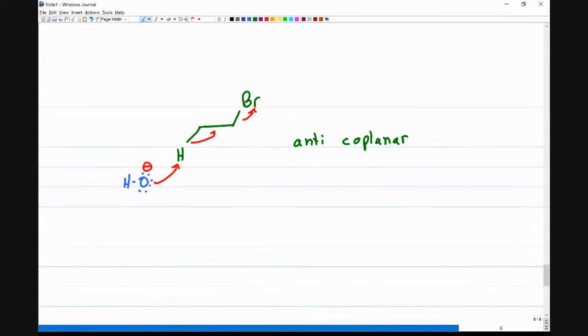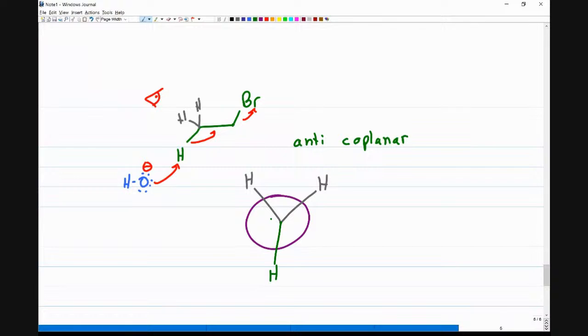If I draw this in a Newman projection, it'll look something like this. I'll just put the other hydrogens in gray so that the Newman projection will make sense. We have in the front, we're looking at it from over here, so that's the eyeball. You have the two hydrogens that are gray going up, the green hydrogen going down. Then this carbon is sitting right there behind it.